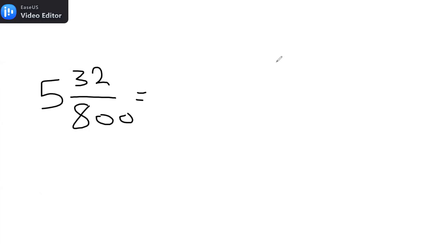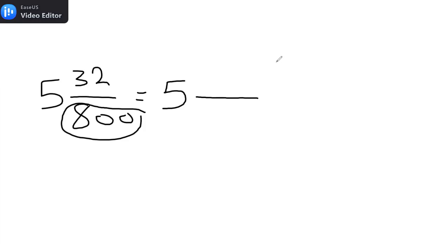We agreed before that to write it as a decimal number, the denominator must be either 10, 100, or 1000. And 5 will be exactly the same. We don't need to change it right now. We need to change the 800. Can we make it 10, 100, or 1000? Which is better?